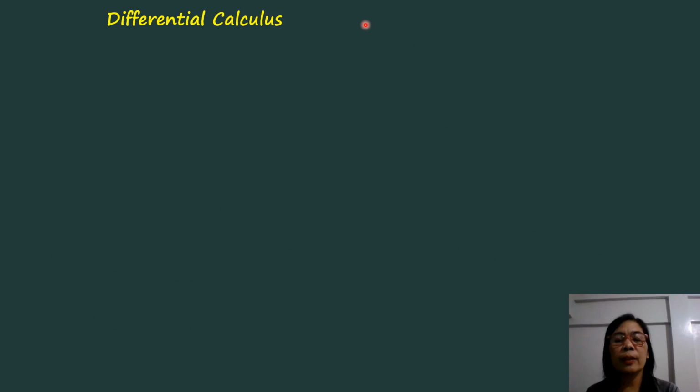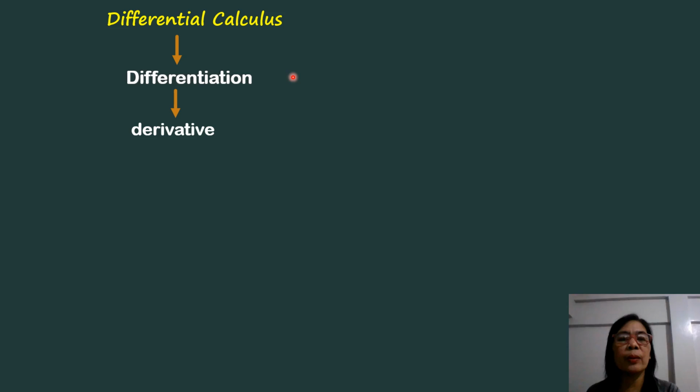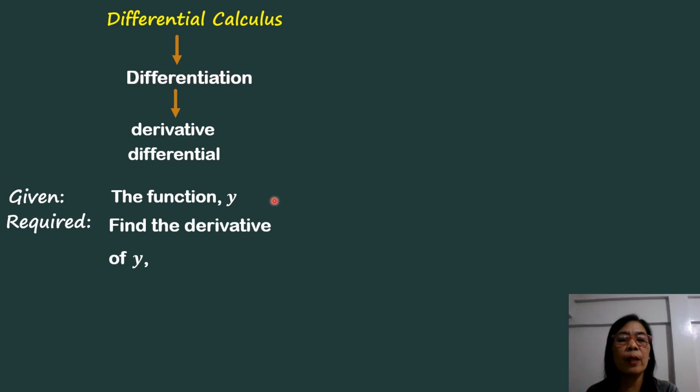In differential calculus, we learned a new operation called differentiation to obtain the answer called the derivative or the differential. That is, in the differentiation process, we are given the function y and we are required to find the derivative of y, denoted by the derivative of y with respect to the independent variable, or to find the differential of y, denoted by the symbol dy.